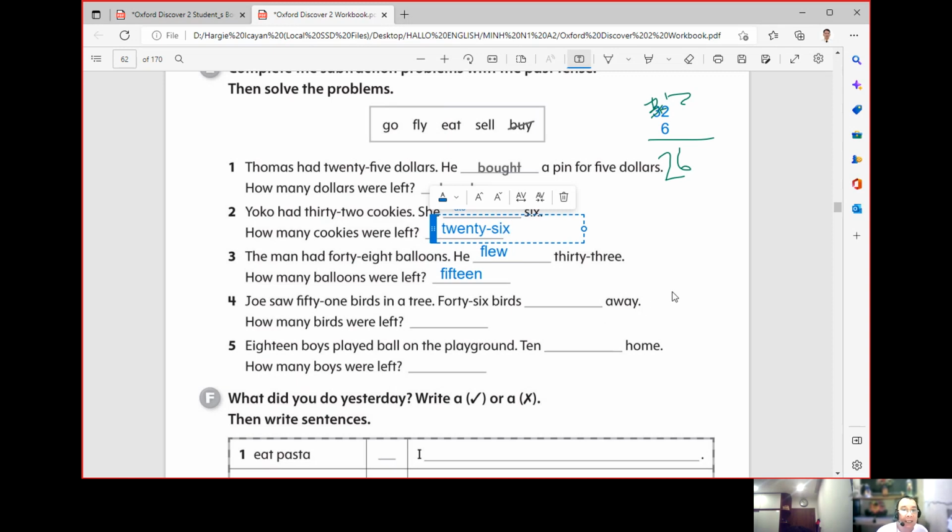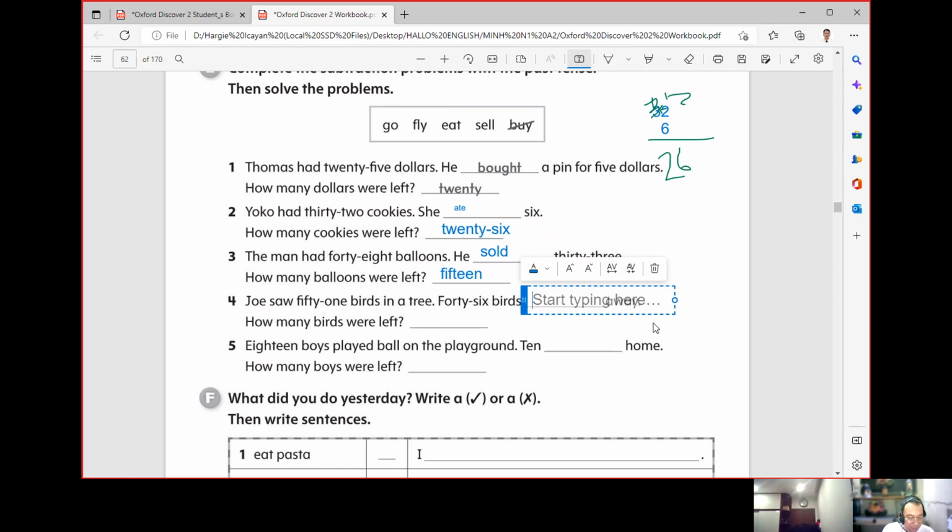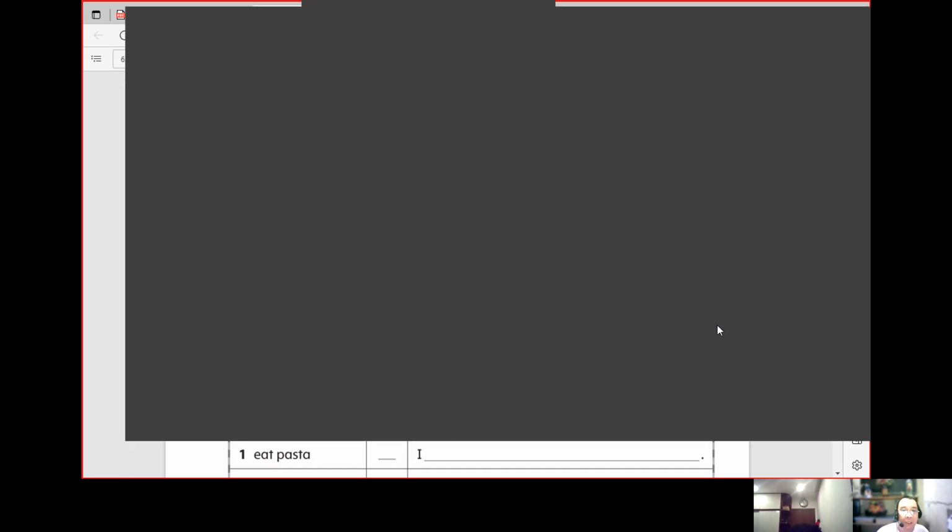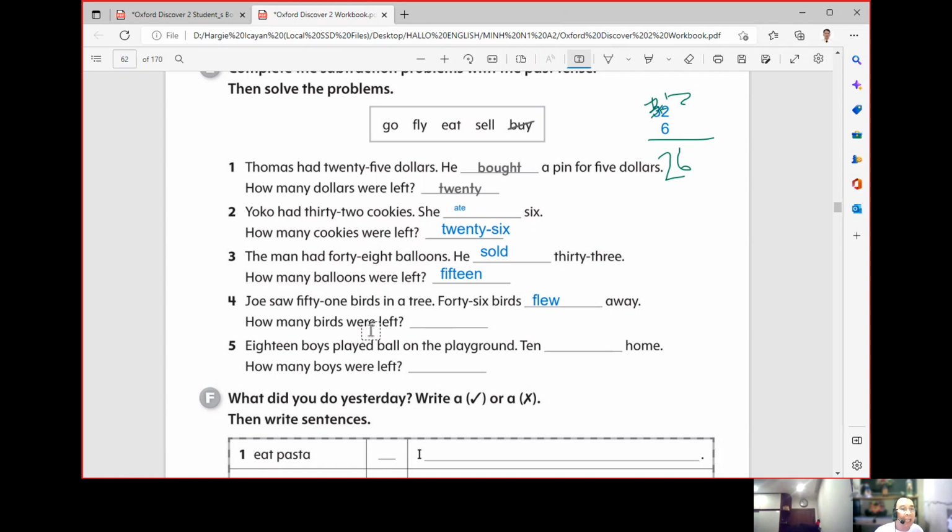Next. Joey saw 51 birds in a tree. 46 birds blanked away. This one is not sold, right? So this one is flew. So here, 46 birds flew away. How many birds were left?